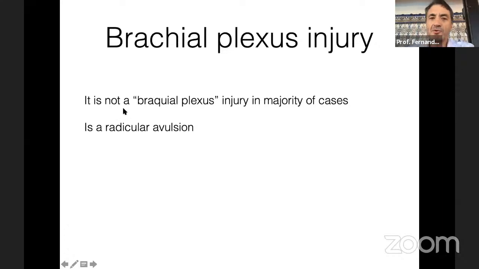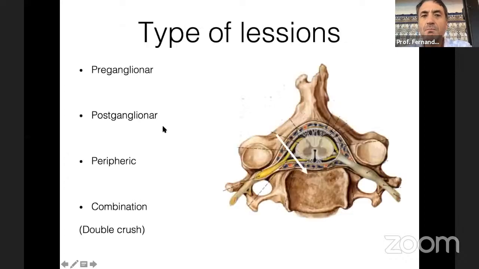brachial plexus trauma is not really a brachial plexus injury, but a radicular avulsion. For this reason, in most cases, we find this kind of lesion. This is the spinal cord, posterior nerve, anterior nerve, spinal nerve with the ganglion, and most of the lesions in brachial trauma are located here in the preganglionic region of the spinal nerve.